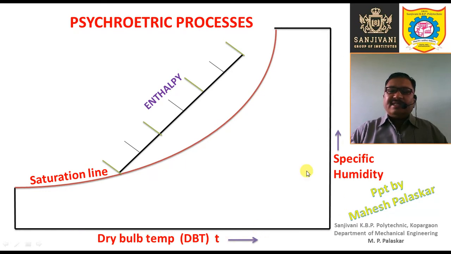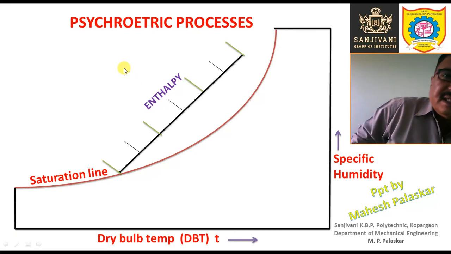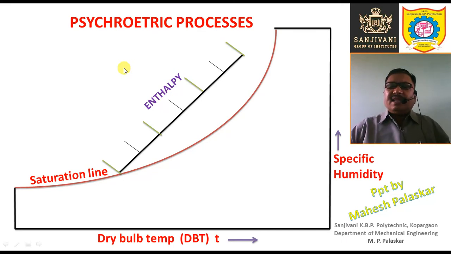On this vertical axis, specific humidity is plotted, right? And on this chart, we are going to represent the various psychrometric processes. Any process will be shown on the graph by a line or a curve along with an arrow. The arrow indicates the direction of the process.